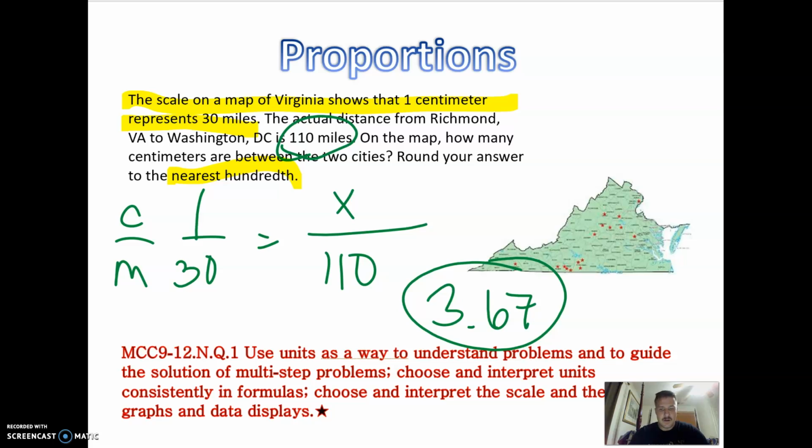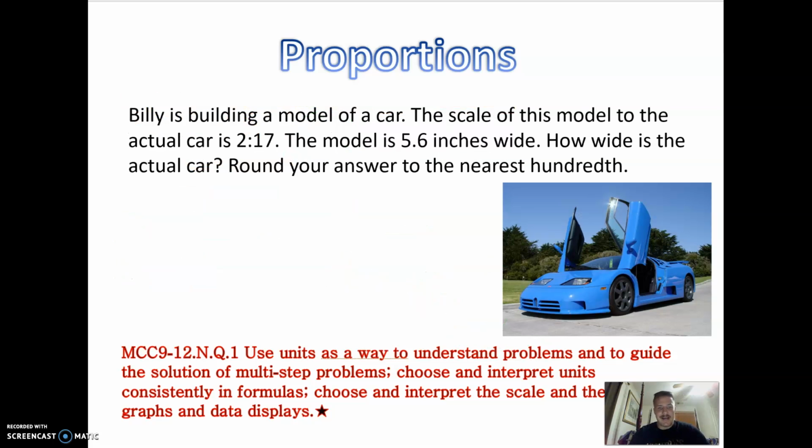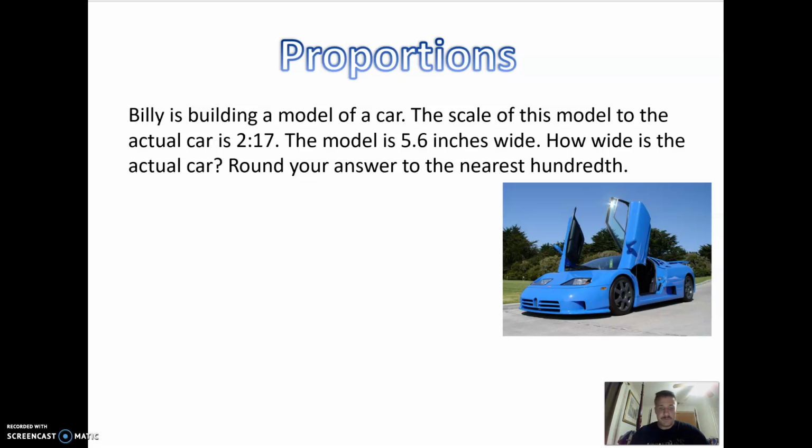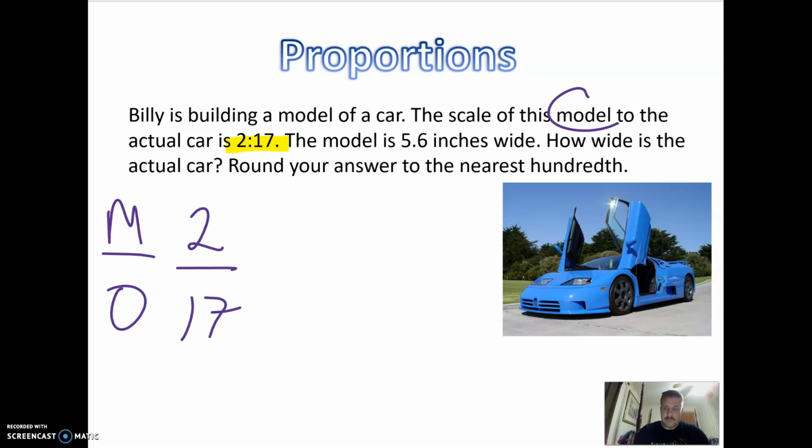Okay. So the last slide that we did in class was this situation. We said, hey, there's a model of this car, and on the model, the scale is 2 to 17. What that means is the scale of the model to the original is 2 to 17. Model is written first, actual is second, so 2 and 17.